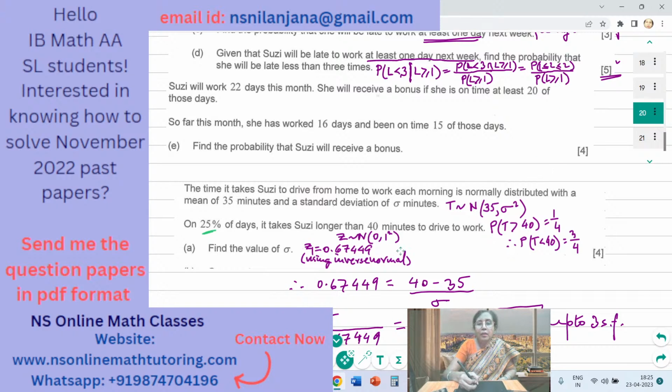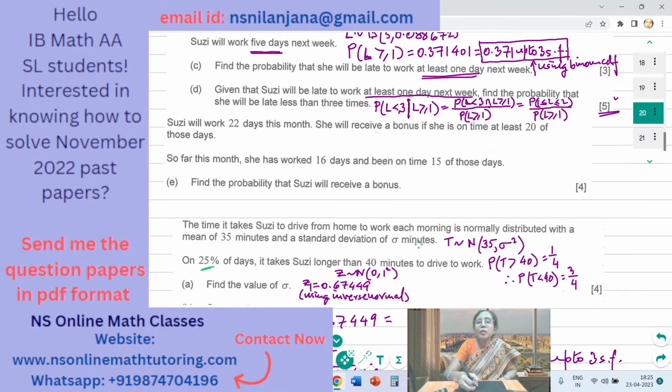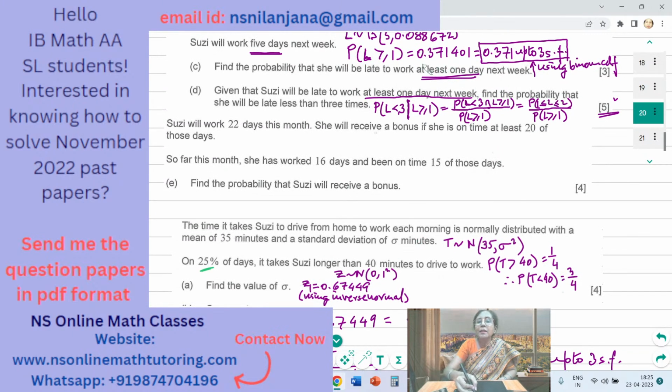We already know the probability of L greater than or equal to 1, that is why I have written the entire thing. Don't take 0.371 in this calculation. Take the entire thing. The 3 significant figure answer should be given as the final answer. For intermediate calculations, never take up to 3 significant figures. Take more digits.